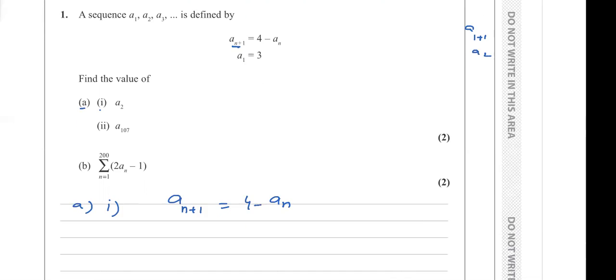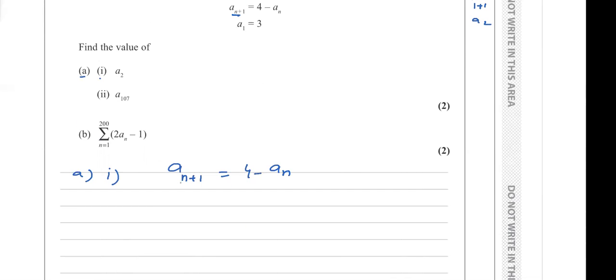It gives a(1+1) equals 4 minus a1, so a2 equals 4 minus a1. a1 is given in the question as 3, so a2 is 4 minus 3, which is 1.